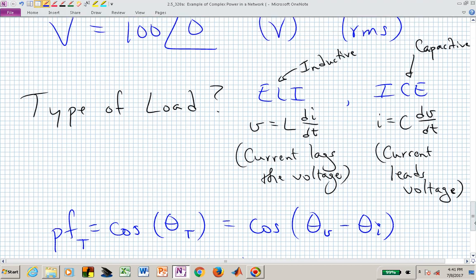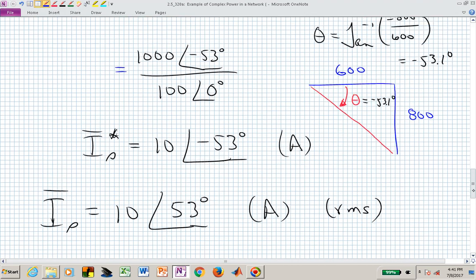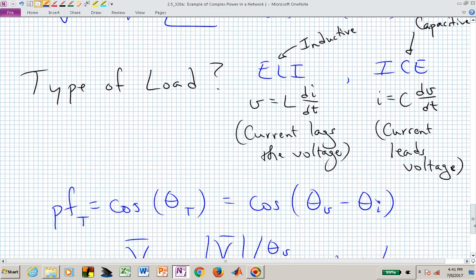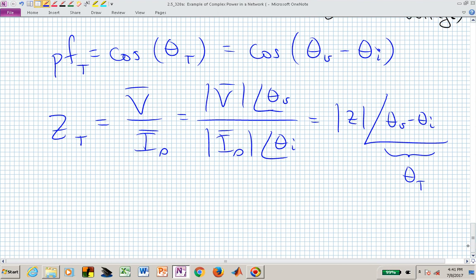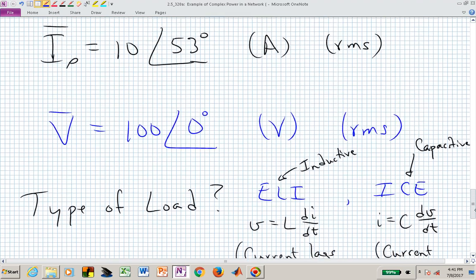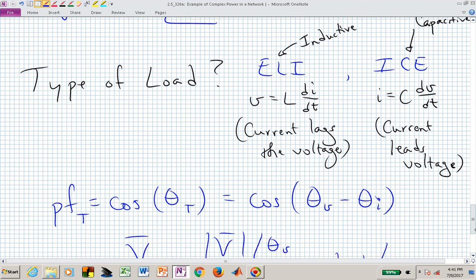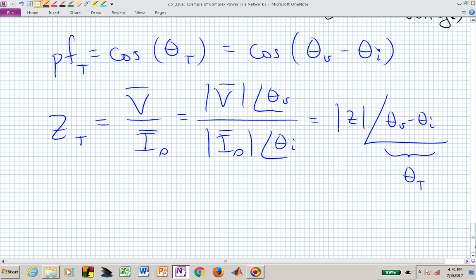And if we go back to what we've already found, we had theta sub V is 0 minus theta sub I, and theta sub I in this case is 53. So we have an angle of theta equal to 0 minus 53, and now we can say that the power factor total is cosine of minus 53.1 degrees, which is 0.6.